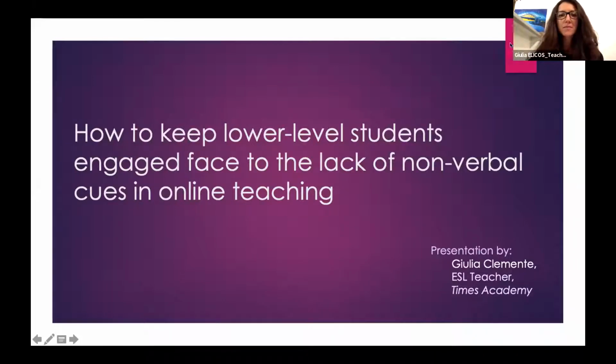I'd like to talk about how to keep lower level students engaged, because when we went online, I was teaching the pre-intermediate level, and I quickly realized that the online environment had a lot of great potential, but also posed some issues. The first one was the lack of nonverbal cues that we would have in class.